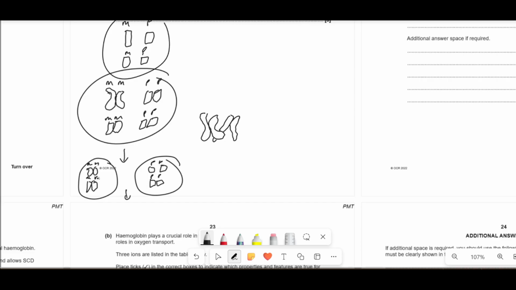In meiosis 2, these double-armed chromatids now separate. So you get 1, 2, 3, 4, with maternal maternal, maternal maternal, paternal paternal, paternal paternal, right?